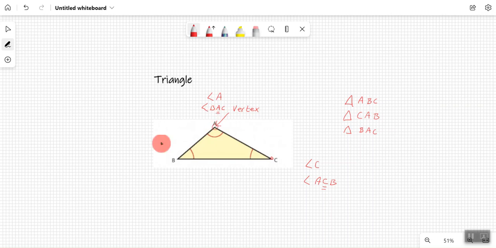So this is where the angle is. And if we take this angle here, we can call it the angle B, or if we were to use the 3-point method, we would call it the angle ABC. And again, notice that the vertex for the angle is at this middle point here, B.